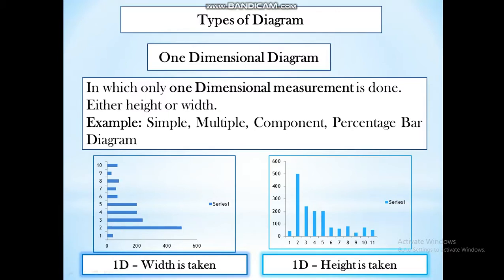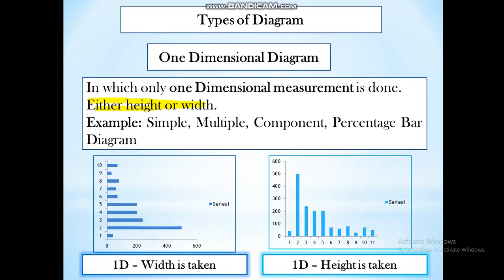The first is the one dimensional diagram. One dimensional diagram means we measure either in height or in width. Examples are simple, multiple, component and percentage bar diagrams.